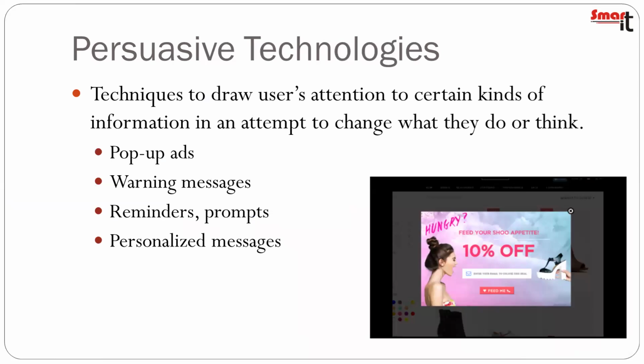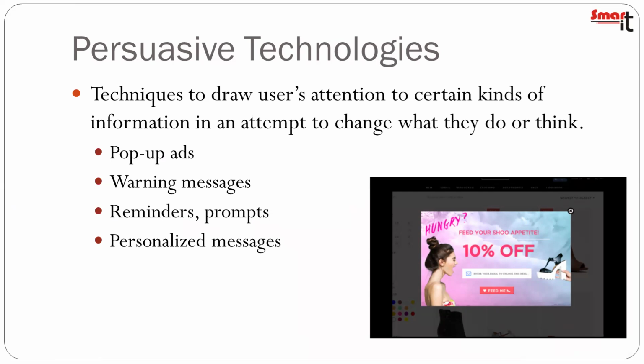Then persuasive technologies. Persuasive means grabbing the user's attention. It means motivating us to do some things. We are just viewing the website, but a pop-up ad comes and says, okay, today 50% off, only today. So then we are motivated to get that. There are also warning messages, prompt messages and personalized messages.